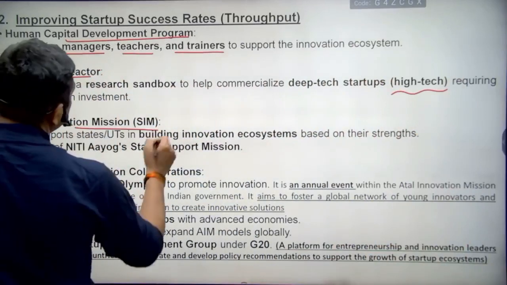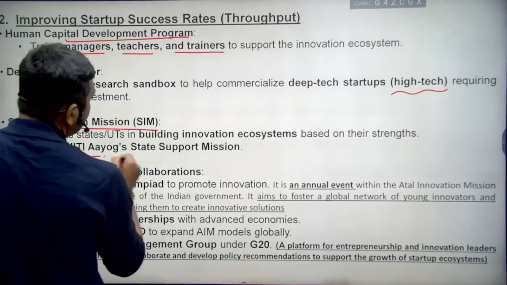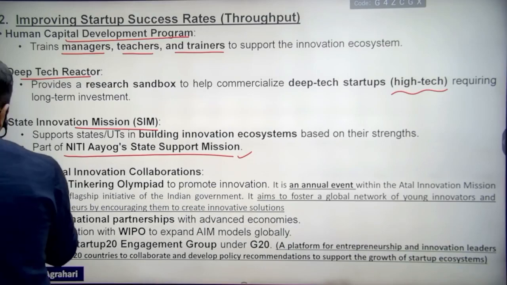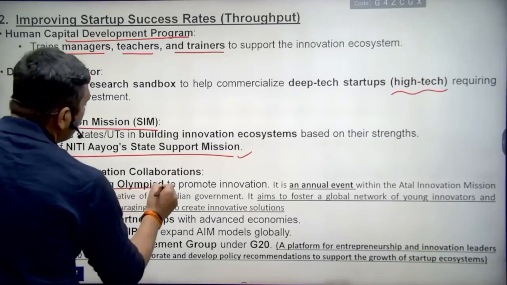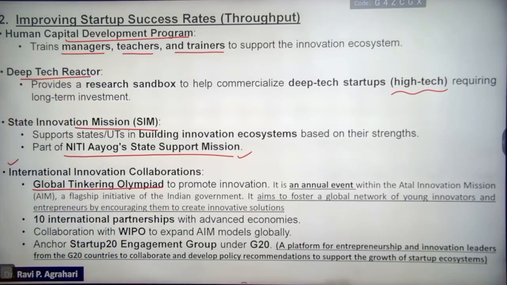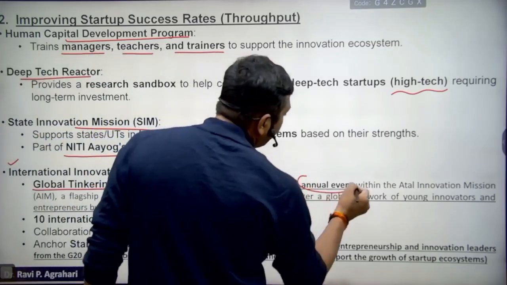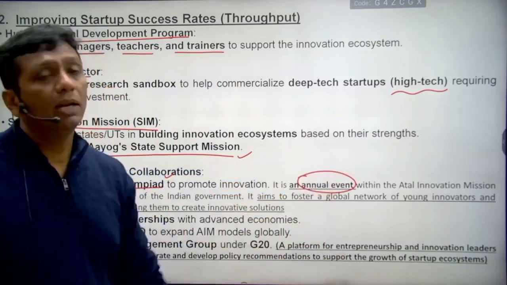State innovation missions: at the state level, they provide various strengths, and NITI Aayog even brought a state support mission especially to boost up state-based innovations. And see, international level support is also helpful. In AIM 2.0, how? Global Tinkering Olympiads. Global Tinkering Olympiads is going to be organized. It's a kind of annual event, organized every year by Atal Innovation Mission.